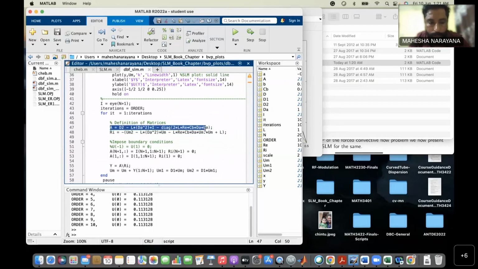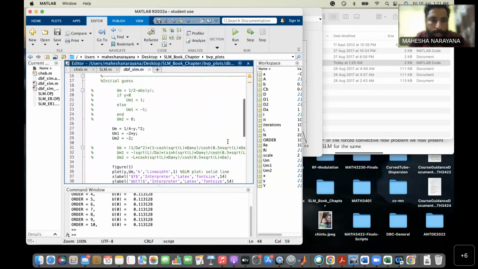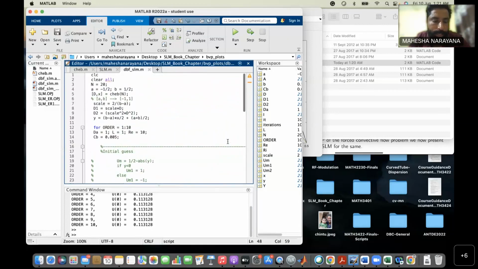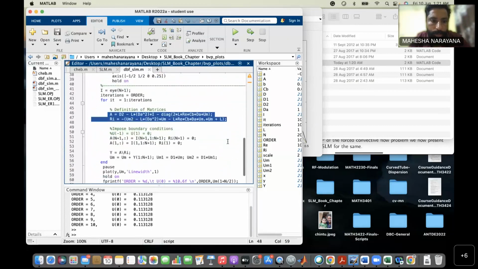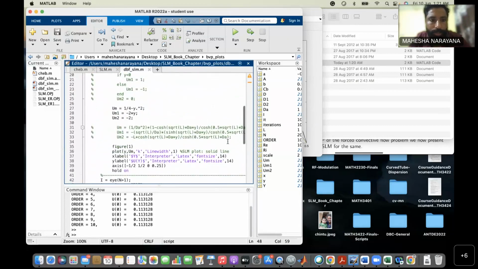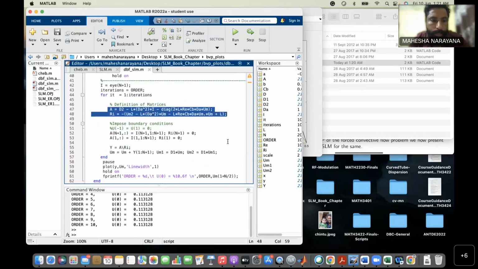That is the one thing that changes. Otherwise, the structure of the code will be as I showed you. So let's go back to our presentation.